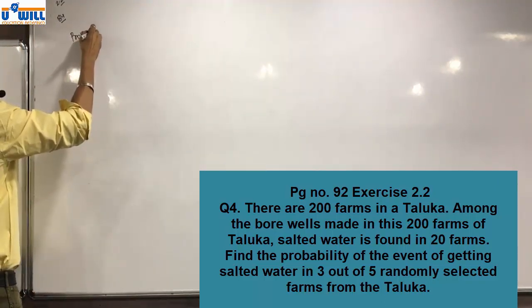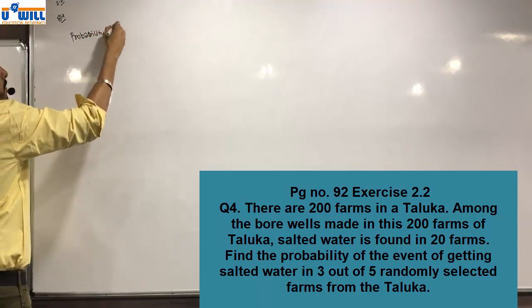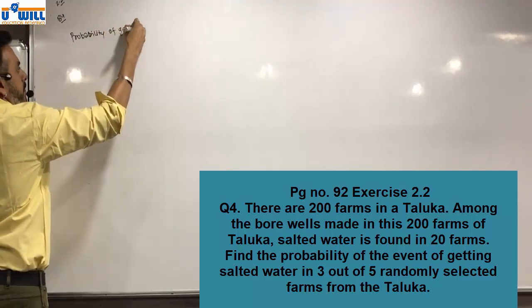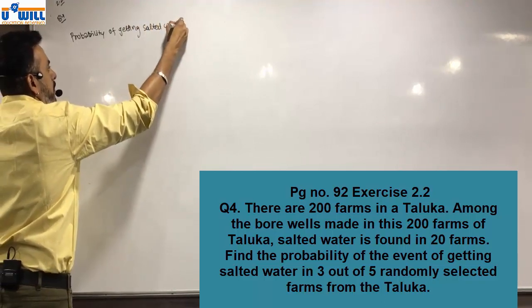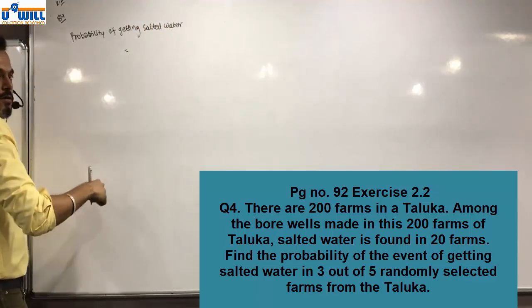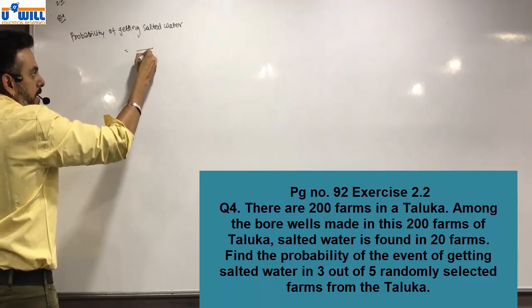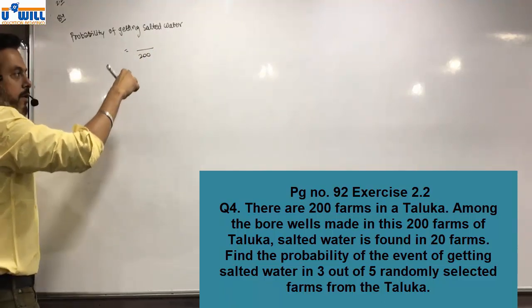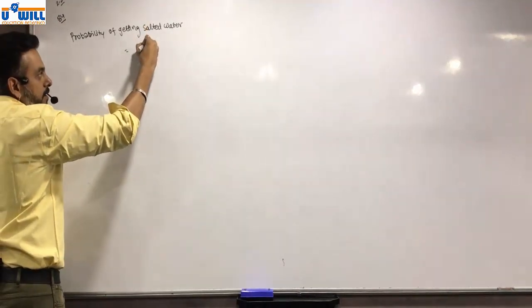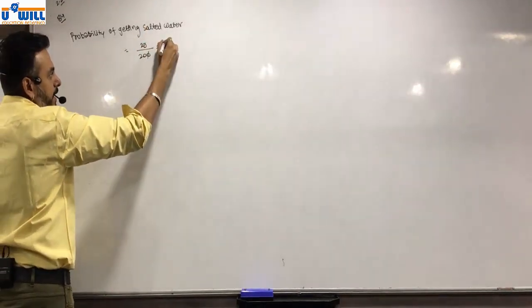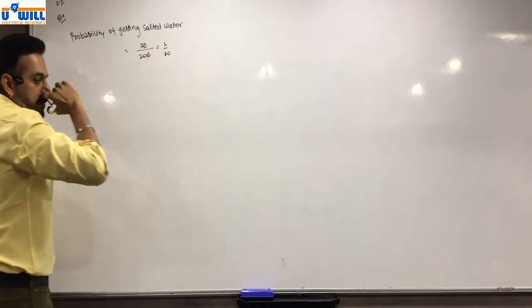Probability of getting salted water is equal to what? 200 bore wells, and salted water was found in 20. So the probability is 1/10.